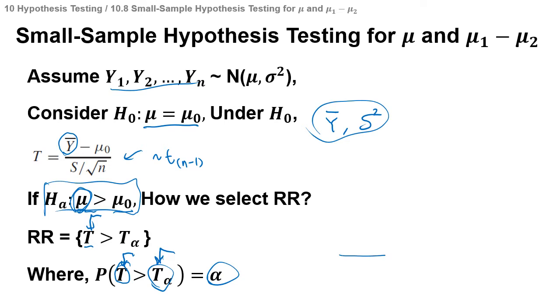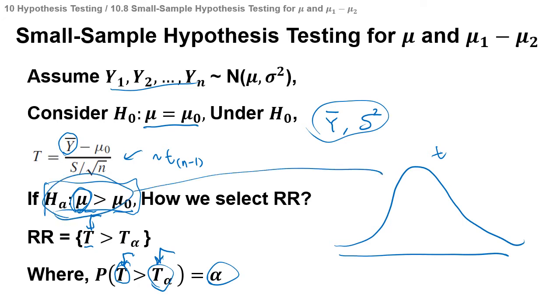If we draw the picture, let's say this is the t distribution, and we are interested in testing the alternative hypothesis of this.